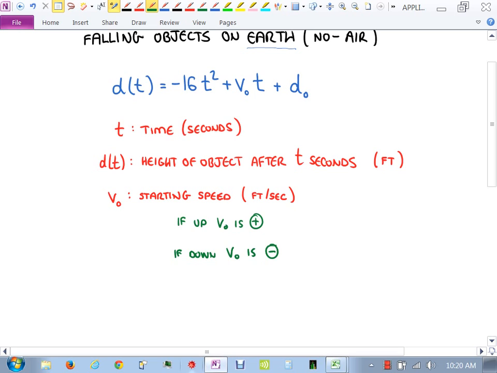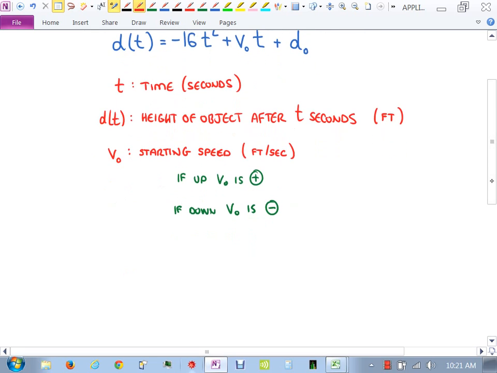The last thing in the formula would be the D naught. The D naught is your starting height, and it's measured in feet.